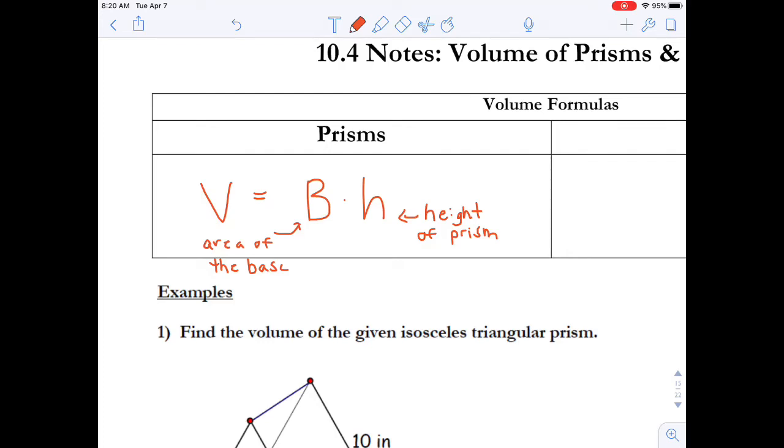So again, thinking back to last chapter, how do you find different shapes for their area when working with the base? So how do you find the area of a triangle? And those things are still going to be needed.